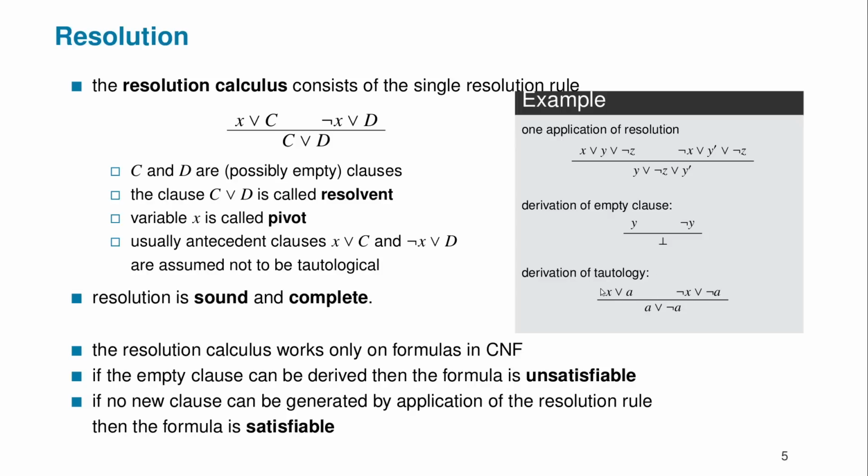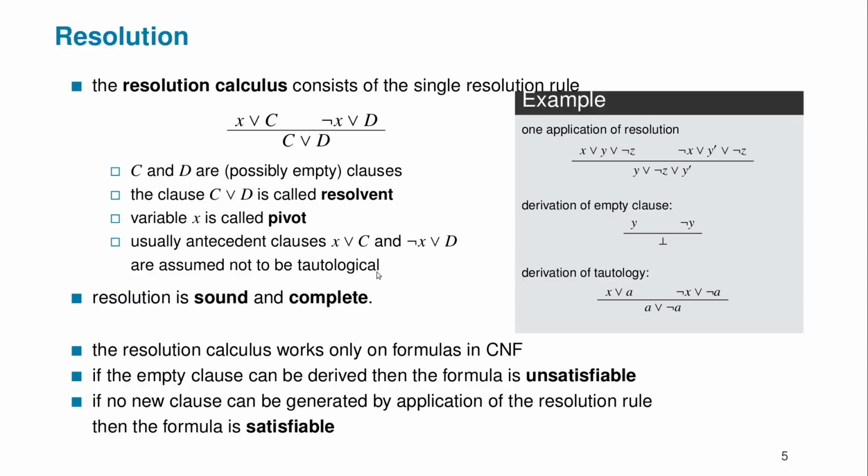Maybe we'll discuss this in the exercise class. What is important is that the resolution is sound, meaning that if we show that a formula is unsatisfiable, it is indeed unsatisfiable, and it's complete.